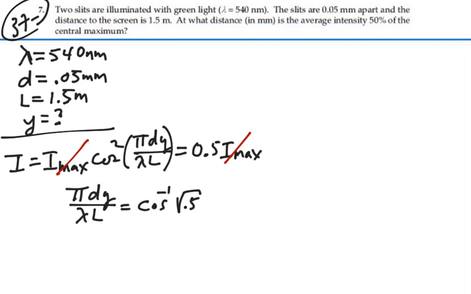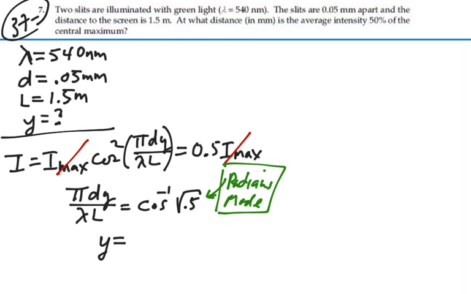When I take that inverse cosine, I better make sure that I am in radians mode of my calculator. I'm going to solve this for y. In other words, y will equal lambda L times the inverse cosine of the square root of 0.5, over pi times d.